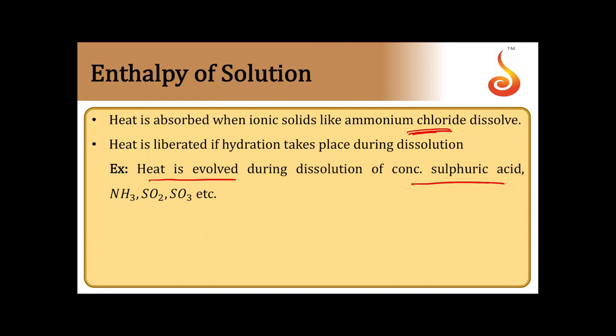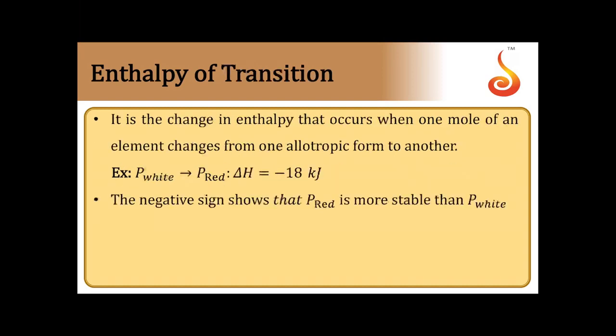It implies that they have more heat of hydration than their lattice enthalpies. So the heat of solution depends upon two energy factors, heat of hydration and lattice enthalpy. If heat of hydration is more, then delta H is going to be negative. If lattice enthalpy is more, then the heat of solution is going to be a positive value.